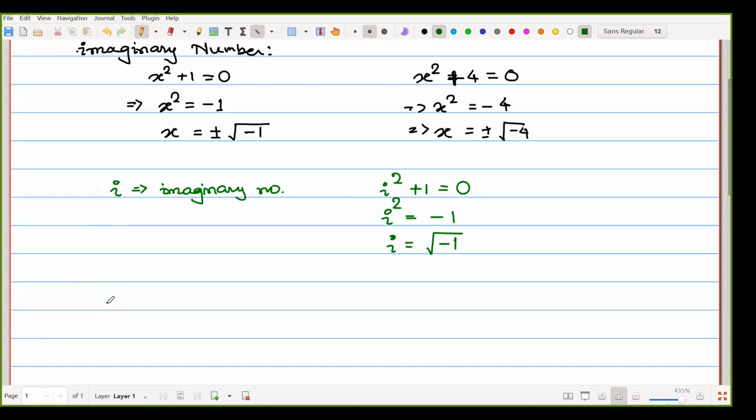That square root of minus 1 is equal to i.